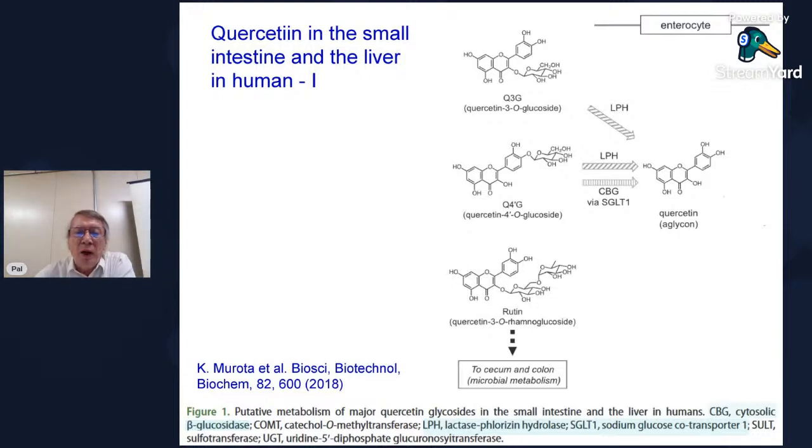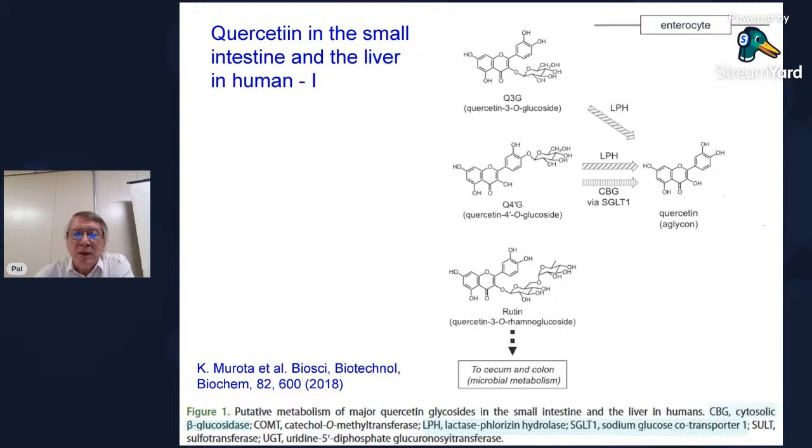Such a form is too polar, and these polar forms cannot be absorbed by the small intestine. However, there are several hydrolytic enzymes which hydrolyze these glycosides, removing the glucose units from the aglycone and resulting in the small organic molecule quercetin.